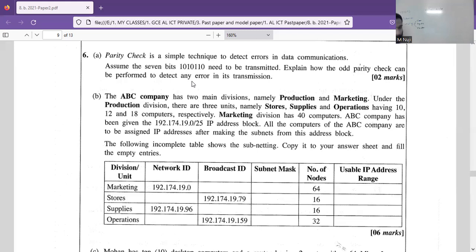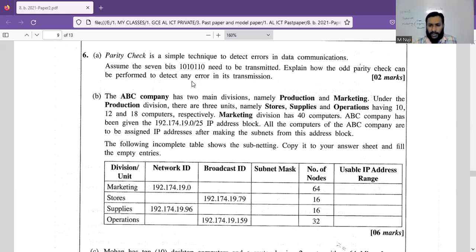The marketing division has 40 computers, 10, 12, and 18 respectively, altogether 40 computers. And the ABC company has been given the 192 address block, and all computers of the ABC company have to be assigned IP addresses after making the subnets from their address block. The following incomplete table shows the subnetting. Copy it to your answer sheet and fill the empty entries.